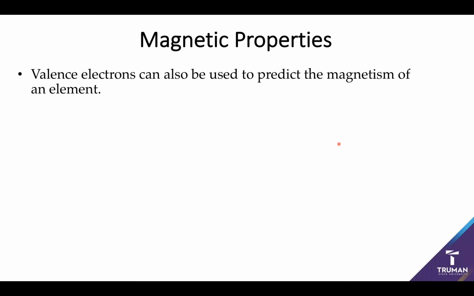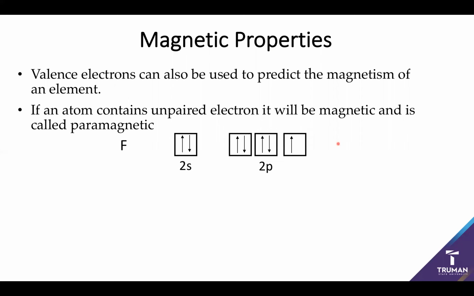the valence electrons. So it turns out that, as we've seen, electrons all generate a slight magnetic field, most notably due to spin. And so if I have an electron with an unpaired spin, it's called paramagnetic. A good example of this might be something like fluorine.